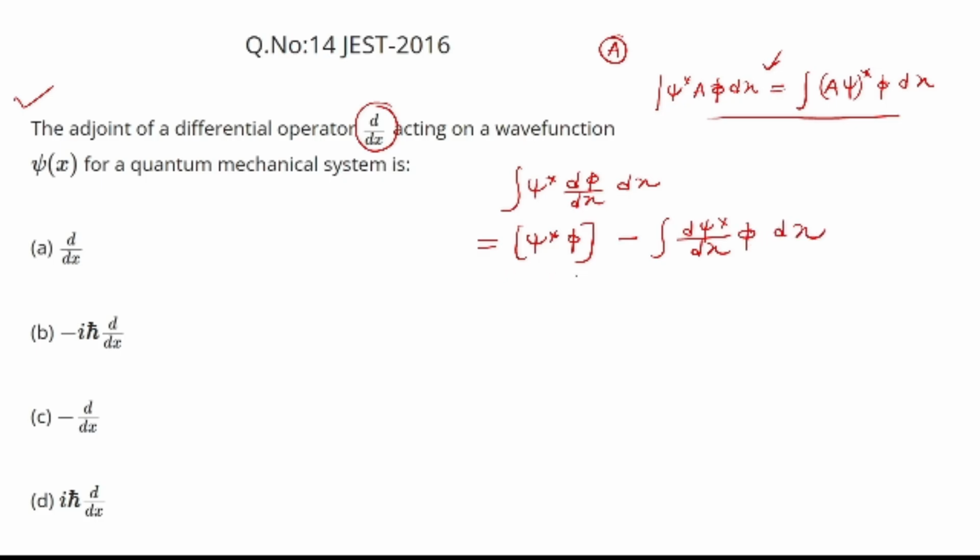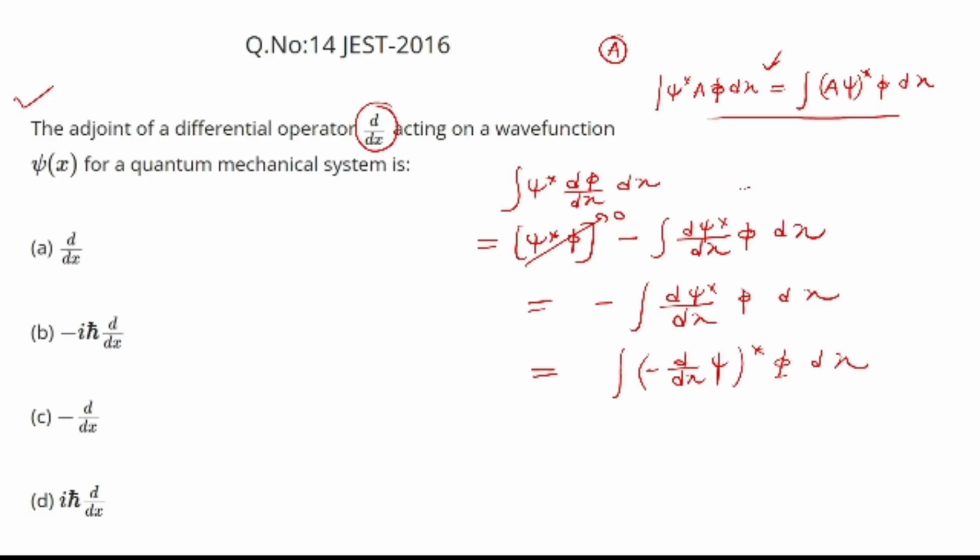Okay, now at the boundary it gives 0, so minus the integral of d psi star/dx phi dx. Now it can be written as the integral of minus d/dx psi, we can take the whole star here, then phi dx.